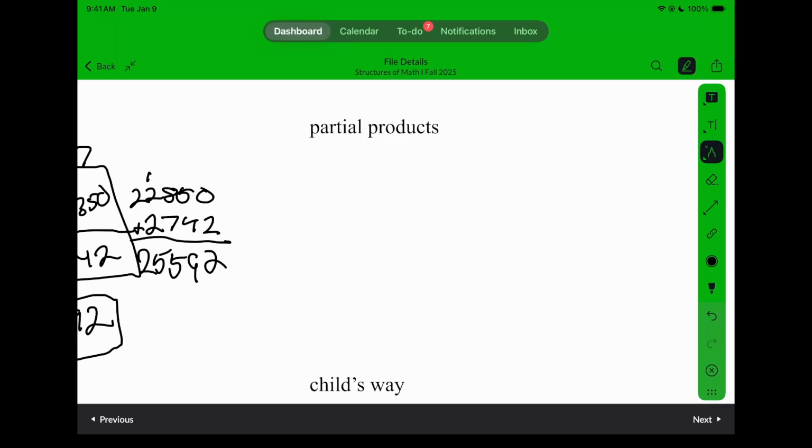Then your partial products for 457 times 56. 7 times 6 is 42. Remember, that's not 5 times 6, it's 50 times 6, which is 300. And then 400 times 6. And then 7 times 50. 50 times 50.